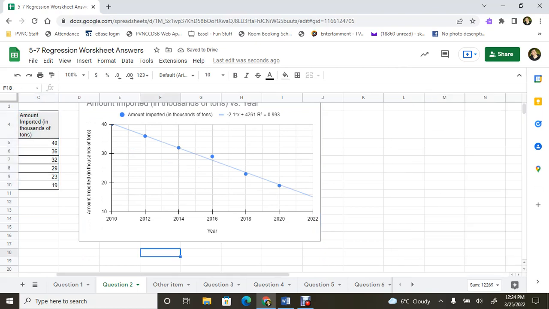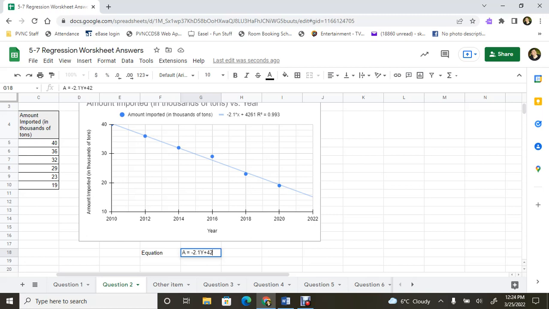Now I like to write it a little bit neater. I don't like the way the equation's written here, so I'm going to go to equation. And right here under equation, I'm going to write A equals negative 2.1 times the year plus 4261.